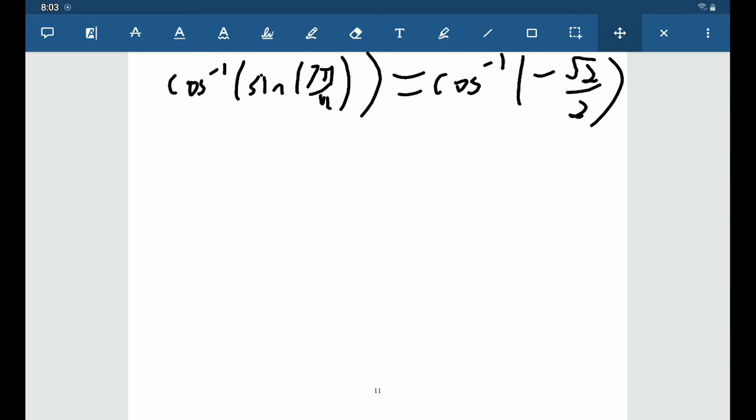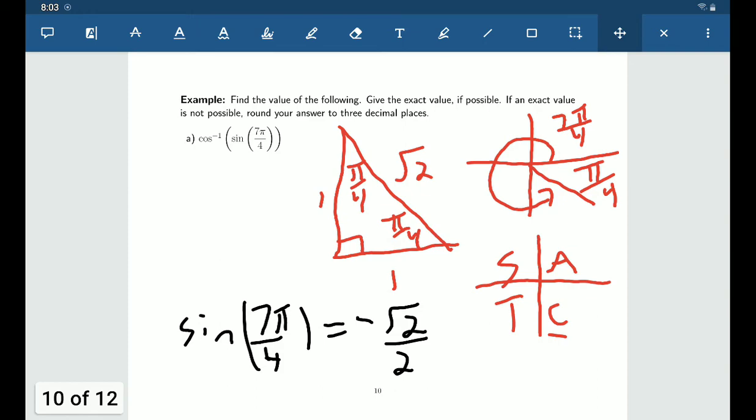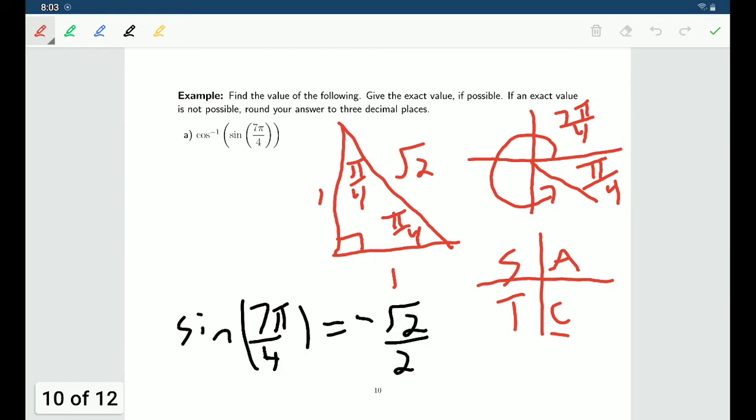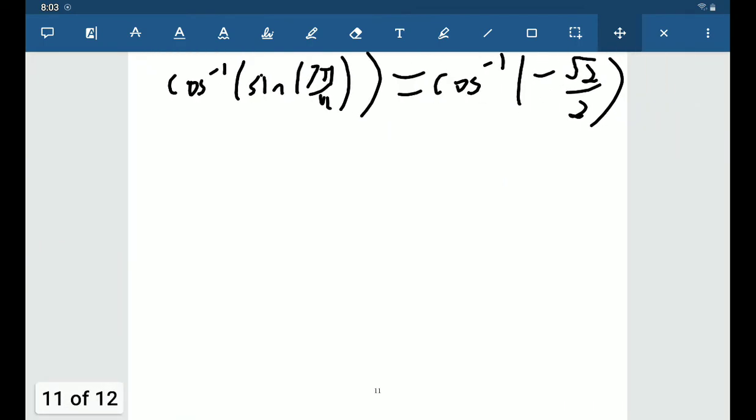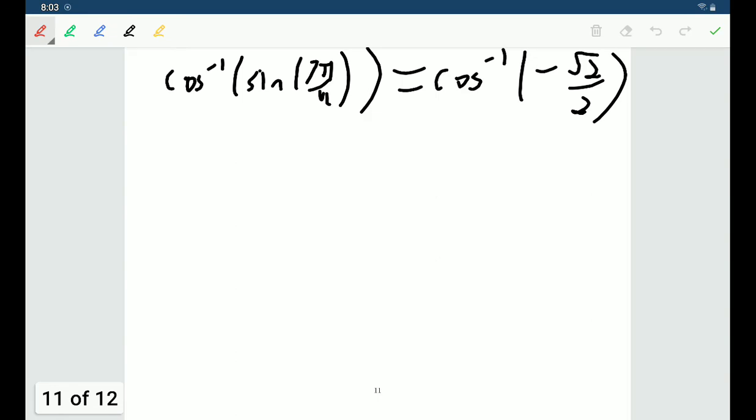I'm going to go back for a second to my special triangle. I know that for cosine of 45 degrees, it would be adjacent over hypotenuse, 1 over root 2, or root 2 over 2. So I know that the angle we're talking about here for cosine would also have the same reference angle of 45 degrees.